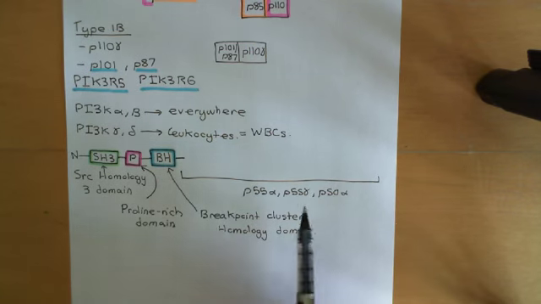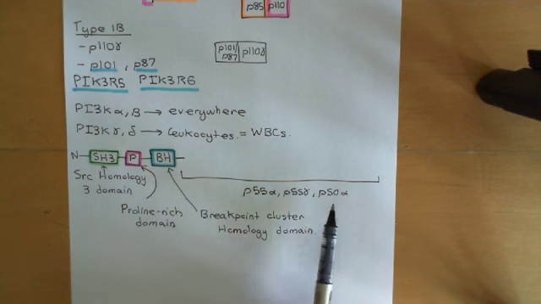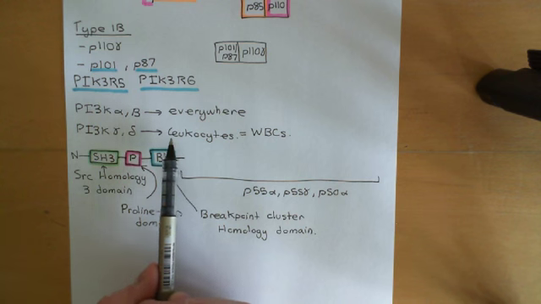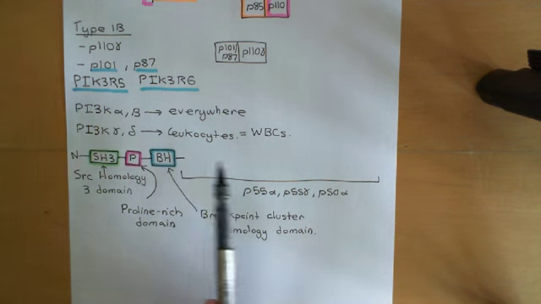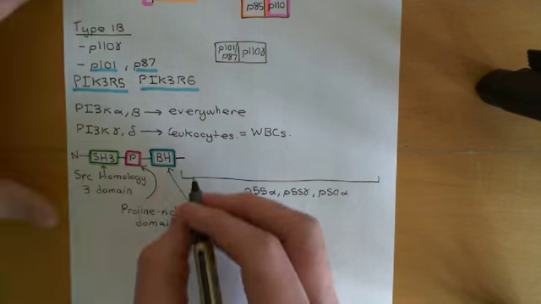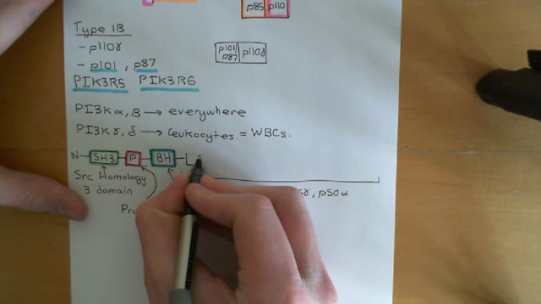Although P50 alpha is, of course, going to be smaller than P55 alpha, it doesn't lack any of the important domains that P55 alpha has. And that's why, as far as my very simple domain structure picture is concerned, they're going to look the same, basically.